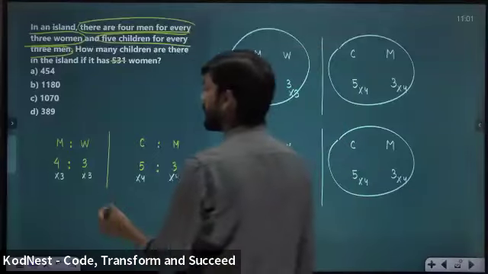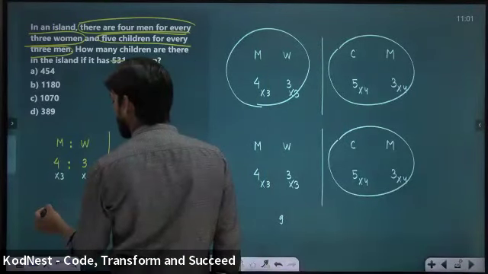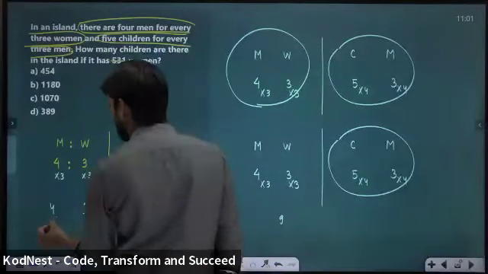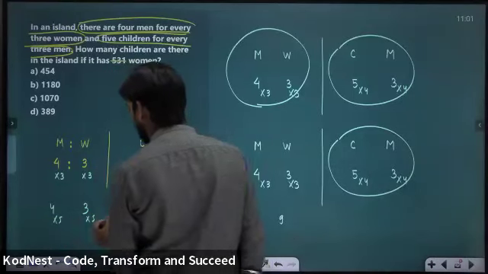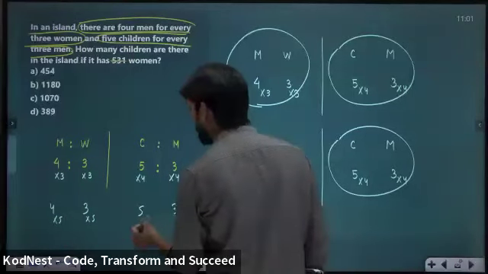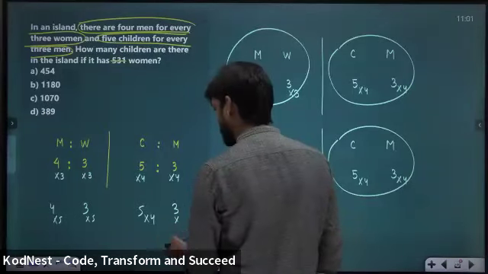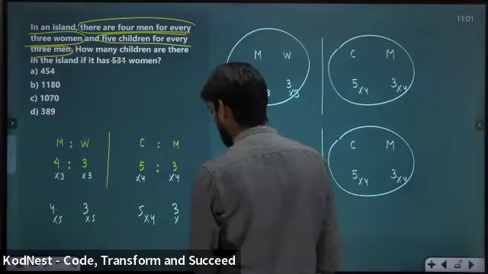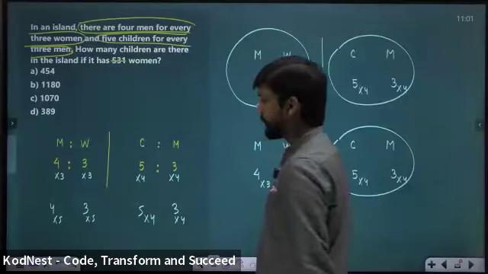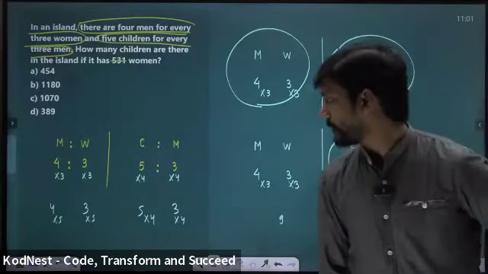If you multiply here with 5, so 4 and 3, you are saying multiply with 5. And here you are saying multiply with 4. How will it become same? Here you are saying 4. How is it same?